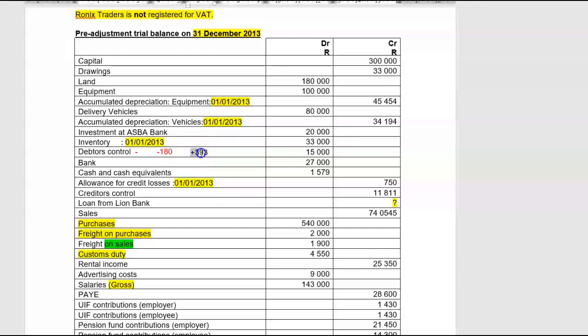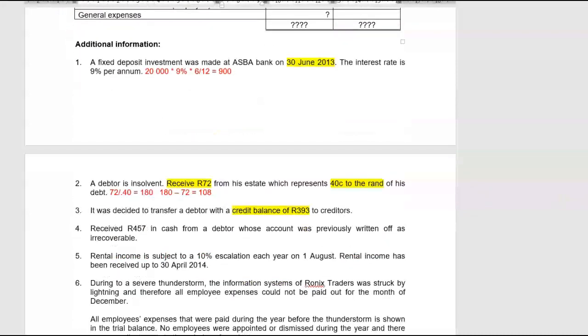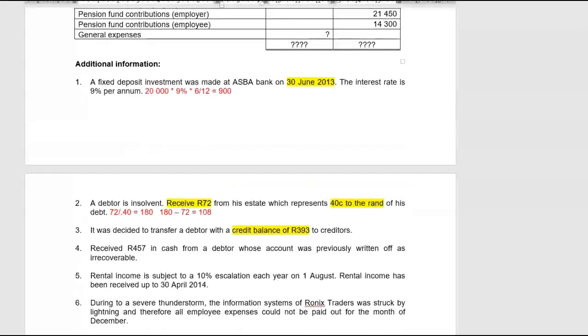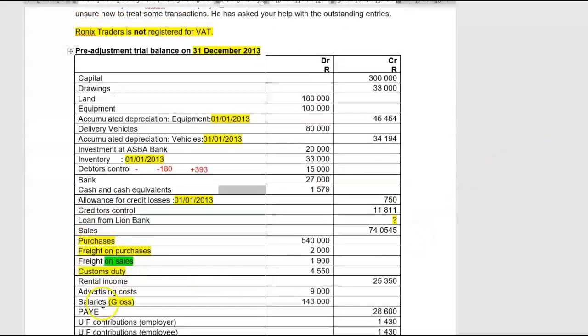So all these lazy people who do tables like this one. So we're going to debit that with 393 Rand, and we would credit our creditors account with 393 Rand. So if we credit this account, that would also increase with 393.